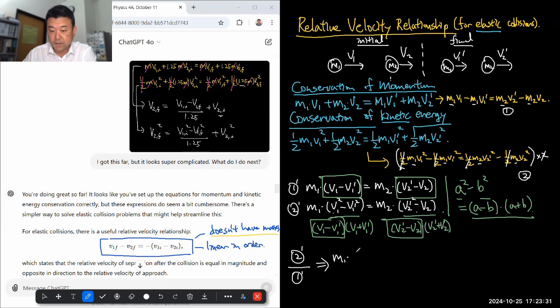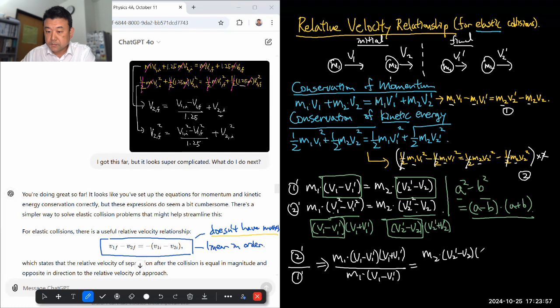So it will be m1 times (v1 minus v1 prime), (v1 plus v1 prime), divided by the left-hand side of the 1 prime equation, m1 times (v1 minus v1 prime), is equal to the right-hand side, m2 times (v2 prime minus v2) times (v2 prime plus v2), divided by the right-hand side of the other equation, m2 times (v2 prime minus v2).